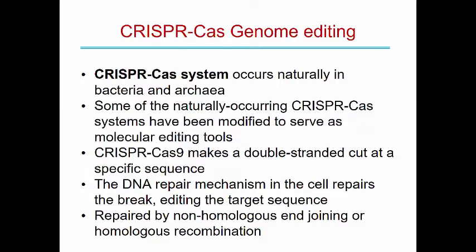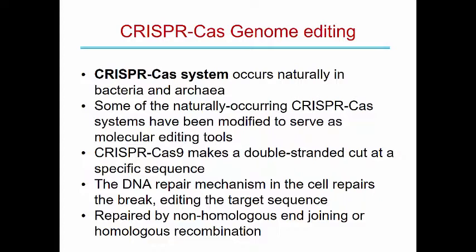Some of these naturally occurring CRISPR proteins have been modified for scientists to use in genetic editing. They seem to be a lot more effective and efficient than the previously used systems to try and edit DNA in patients who have suffered from a particular genetic disease and desire to change their genotype.